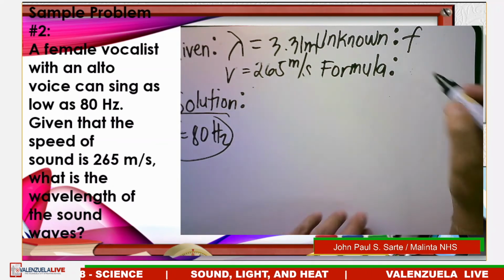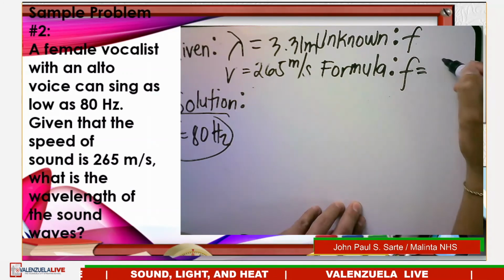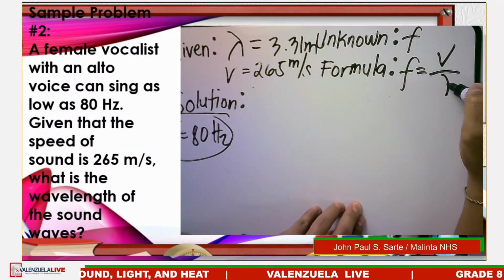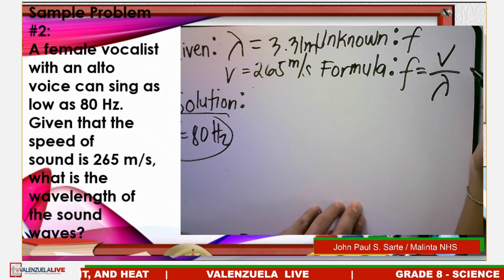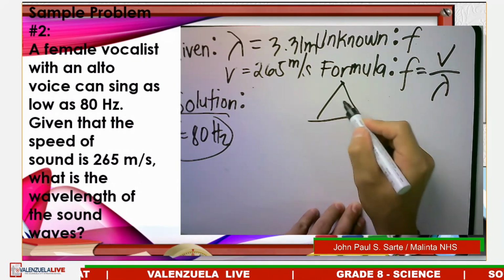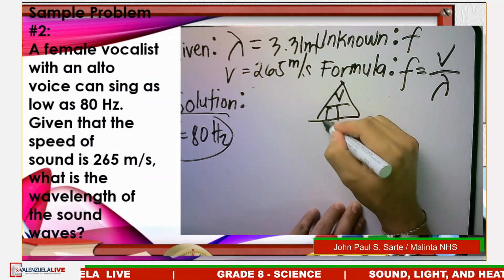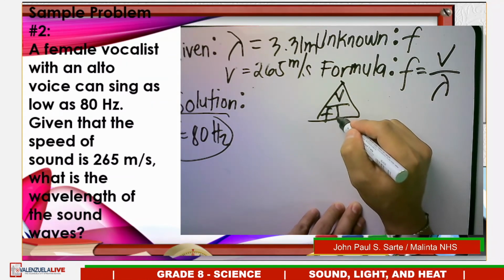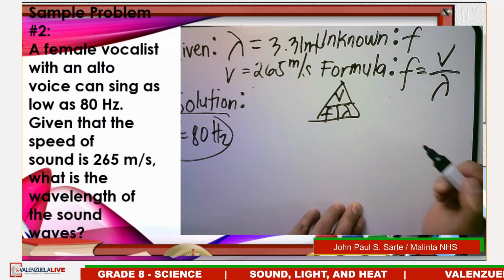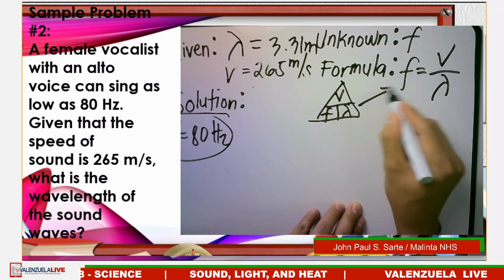And our formula for frequency is speed over lambda. Am I correct? So let's check. If this is your triangle, V over F and lambda, then we are correct.